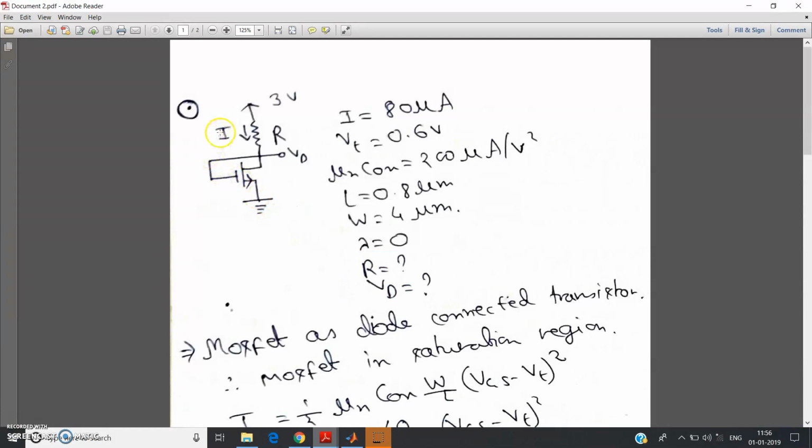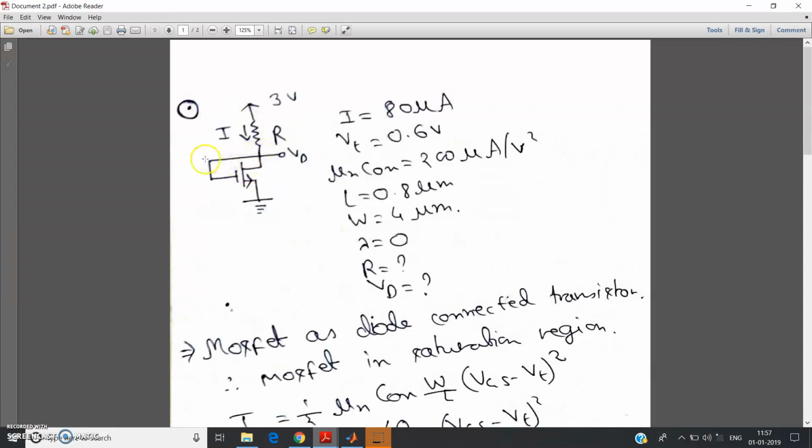Now see the approach, very simple. First, we can easily calculate the drain voltage VD, because this diode connected MOSFET always remains in the saturation region, right? So we know the current expression, I is equal to half into mu n into COX into W by L into VGS minus VT whole square, and for this configuration VGS is equal to VDS, right? One more concept: this current which is flowing through the resistor R will flow through the drain only.